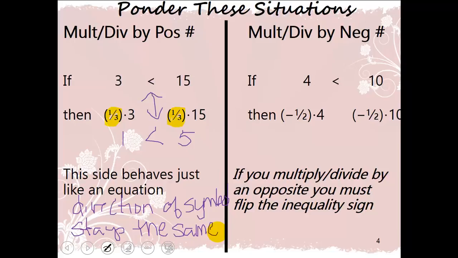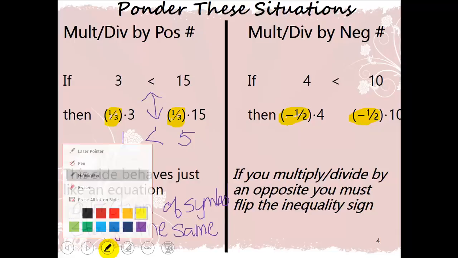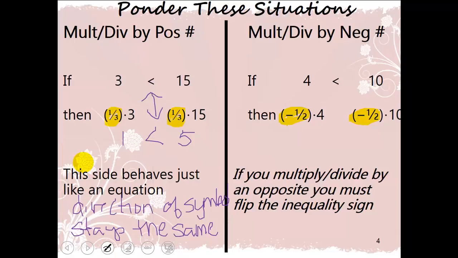What happens if we take a previous example, 4 is less than 10, and then multiply it by a negative, or an opposite, of 1/2? Negative 1/2 times 4 is -2. Negative 1/2 times 10 is -5. So let's put that on a number line.